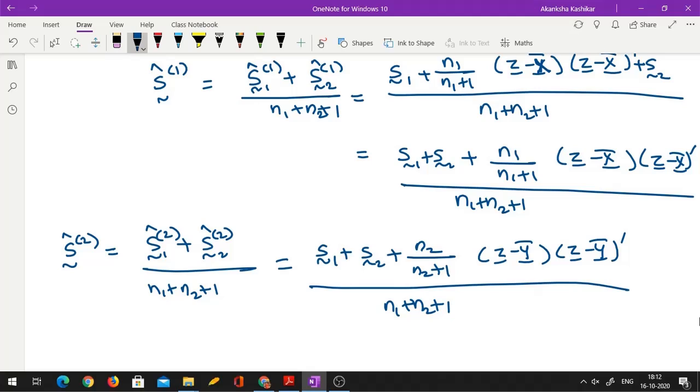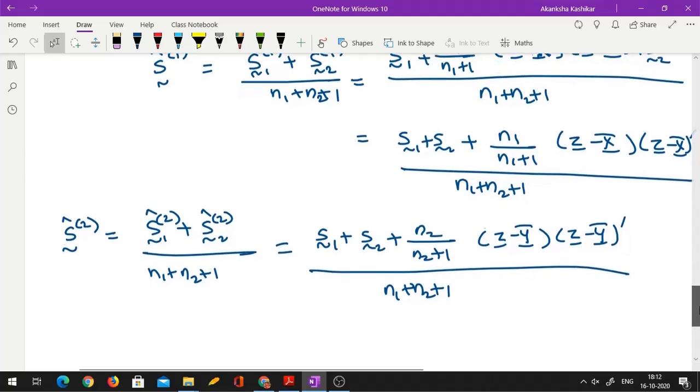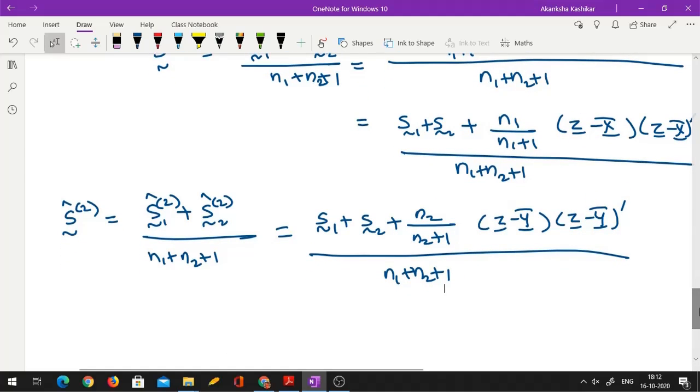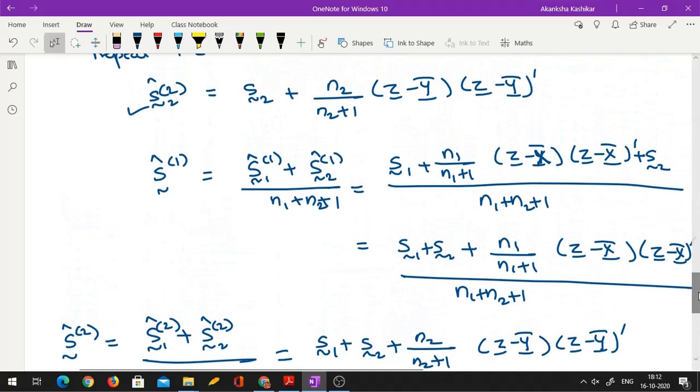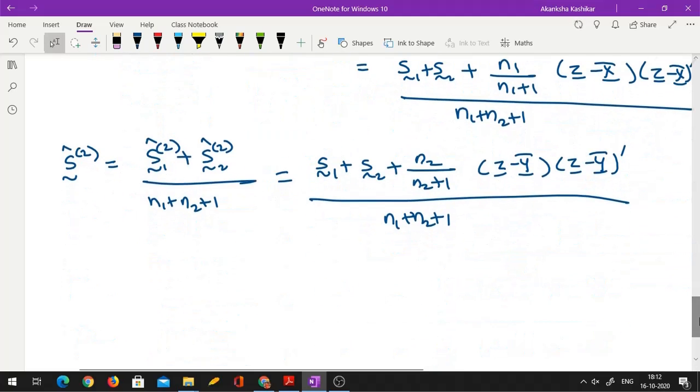Okay. Now finally we want to compare the determinants of both these estimates. Of course, if I am dividing by N1 plus N2 plus 1, it is not a CSSP matrix, it is actually sigma hat, right?